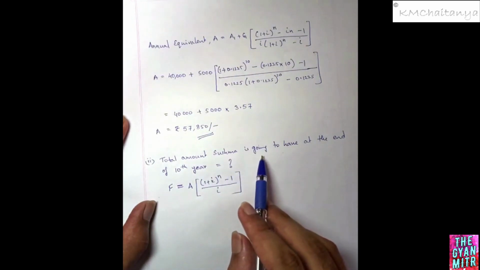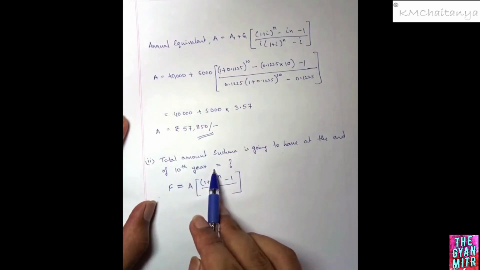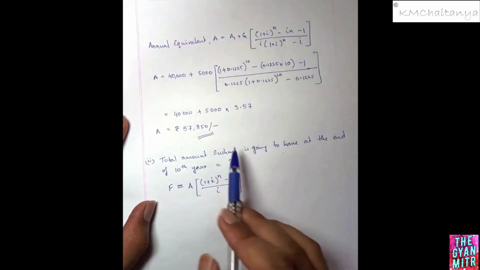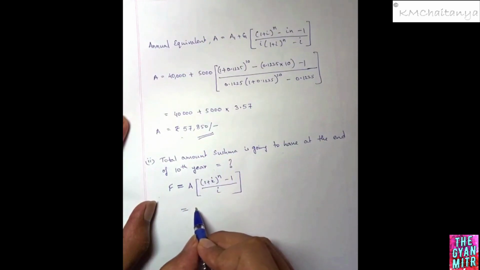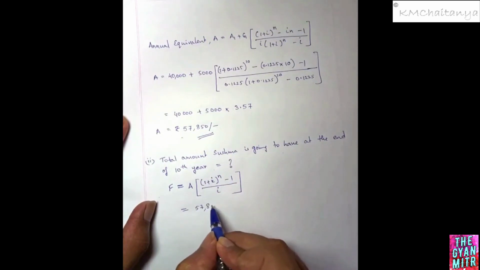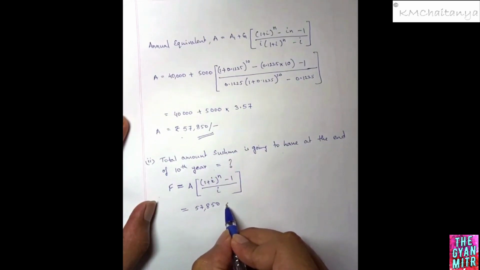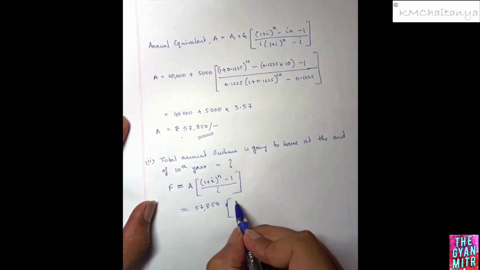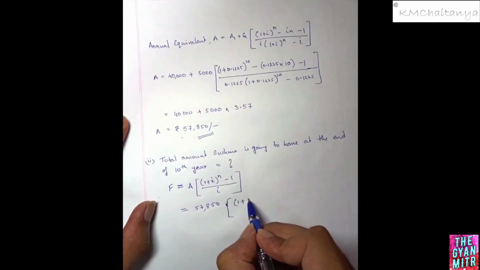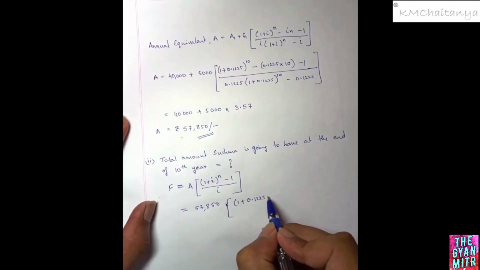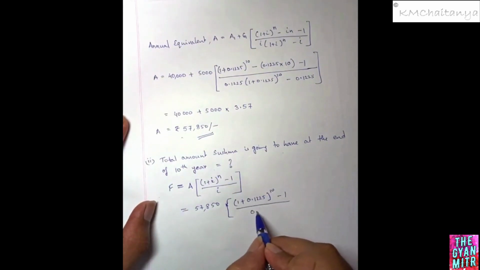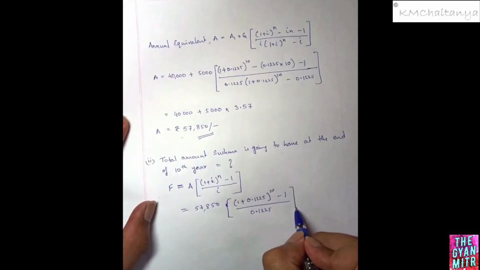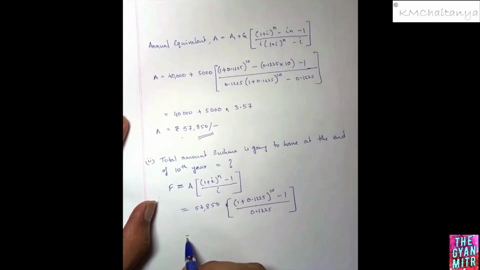So what amount Sushma is going to have at the end of 10th year is nothing but the compounded amount of annuity. So we know the value of annuity as 57,850 multiplied by (1 + 0.1225)^10 minus 1, whole thing divided by 0.1225. So I'll calculate the value of this particular term.